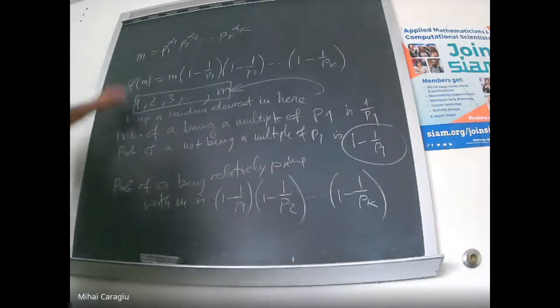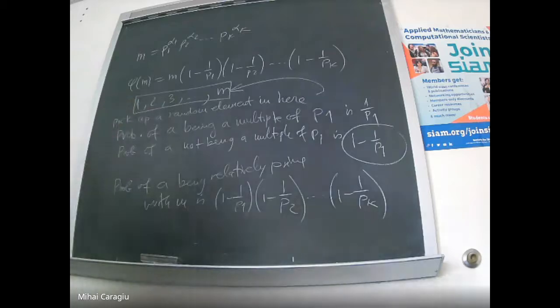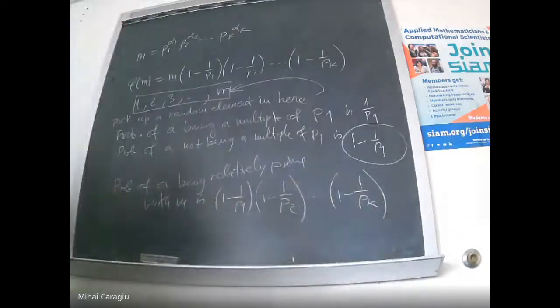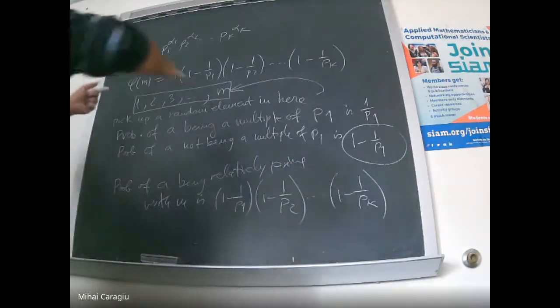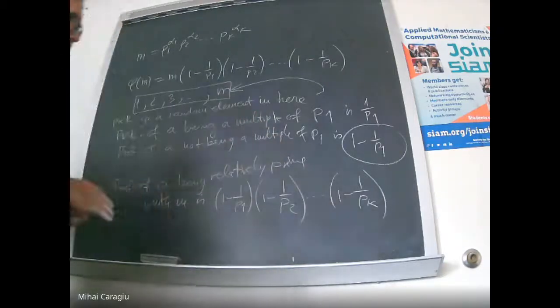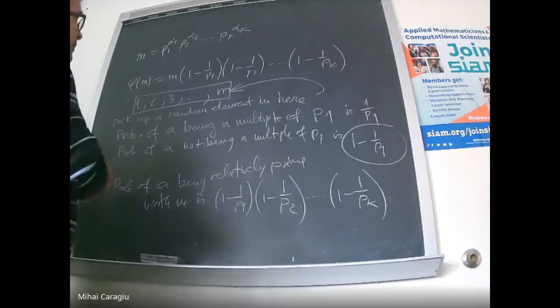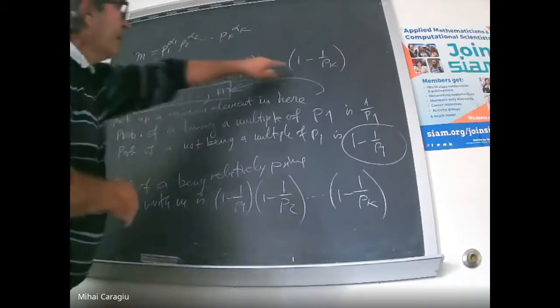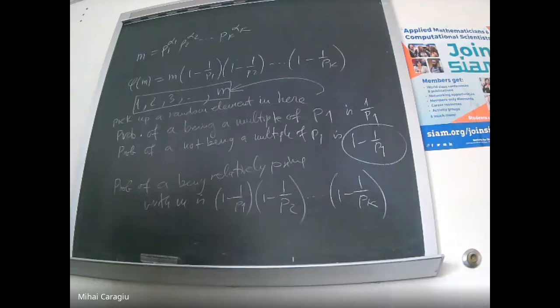So the probability of a random element in this list being relatively prime with M, in other words, being invertible modulo M, is this. Therefore, the number of invertible elements is the number of elements in the list multiplied by the probability of an element being invertible. So phi of M equals M times 1 minus 1 over P1, 1 minus 1 over P2, through 1 minus 1 over Pk.